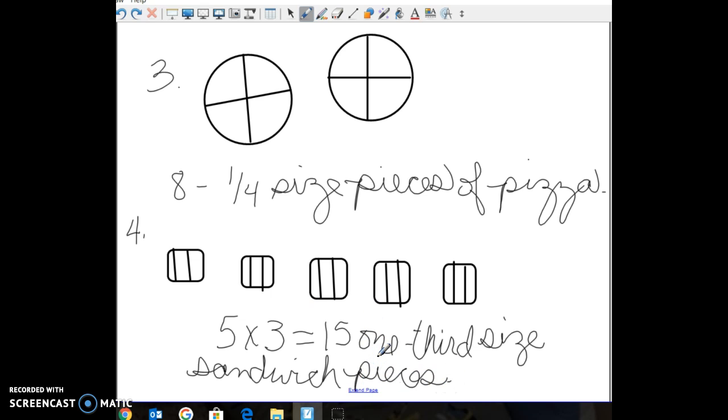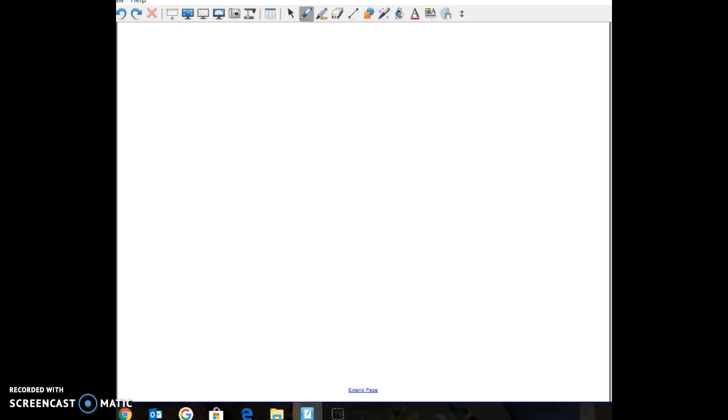Okay, let's just talk about number 5. Holly cuts 3 pans of brownies into eighths.